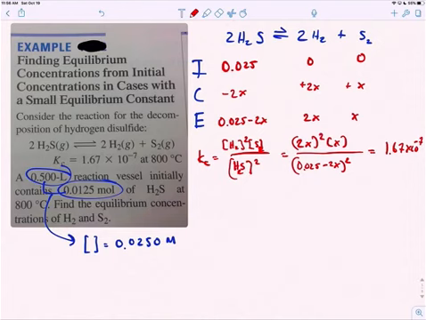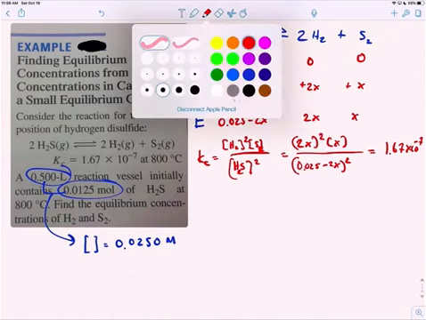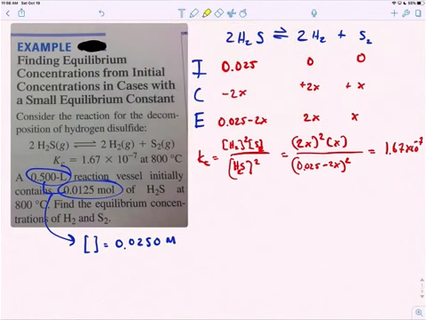But I'm going to show you a trick here that we use very frequently in science, and I'll change colors. We call it the x is small approximation. So I've highlighted there in yellow the 0.025 minus 2x. What you can do is approximate this value.